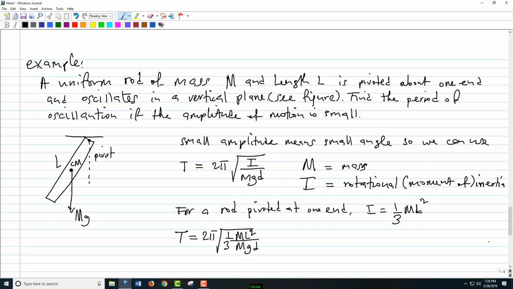Okay, so note that in this formula, the letter d is equal to L over 2 because the distance d goes from the pivot point to the center of mass, and since the rod has length L, it follows that d is equal to L over 2.